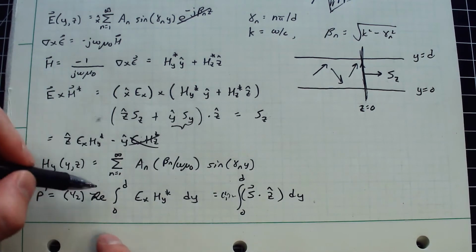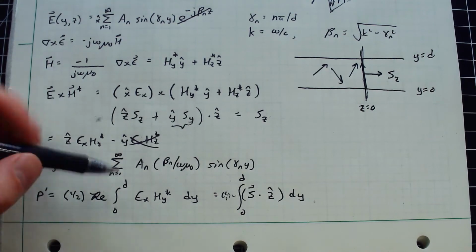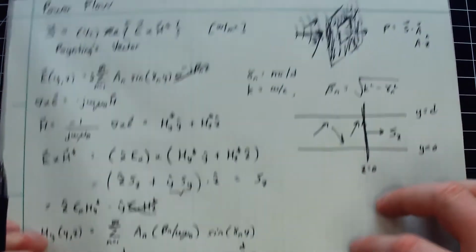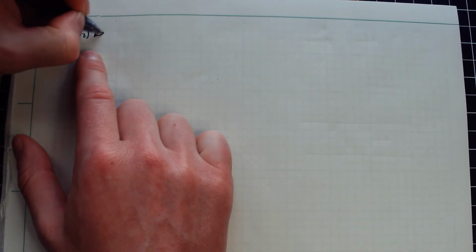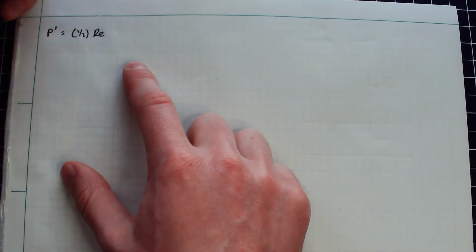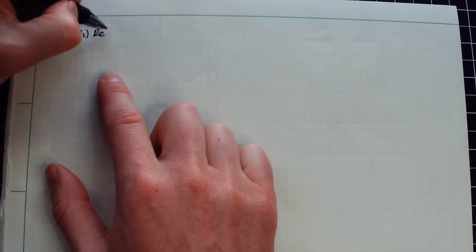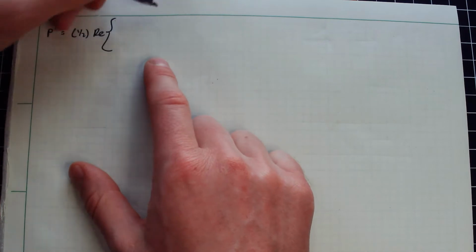So I'm going to not worry about this just yet, because this integral is going to be the thing that's going to take up the most time. So what you're going to get, just 1/2 real, and this is just assumed here. So I guess we'll just kind of explicitly put it.